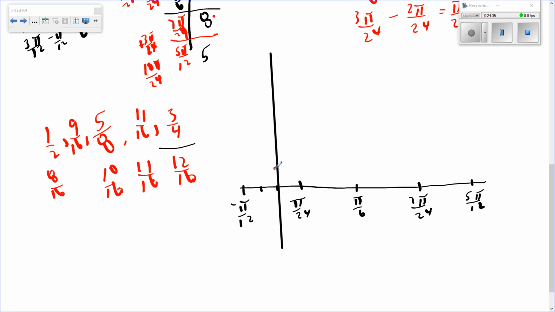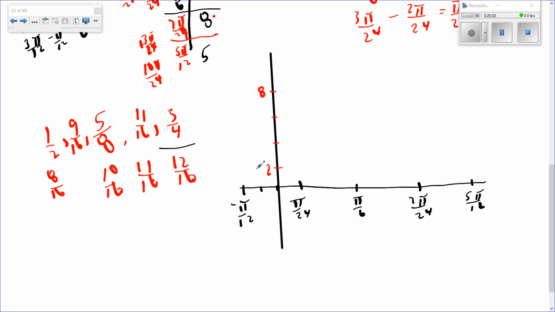So 2, 4, 6, 8. And you get to pick the scale. You can go by 1s if you want, or by 2s, whatever scale works best for you. So I'm going to go by 2s: 2, 4, 6, 8. You've got to scale at least one of them so I can see what the actual scale is. If you just leave no numbers here, I have no idea what each tick mark represents.